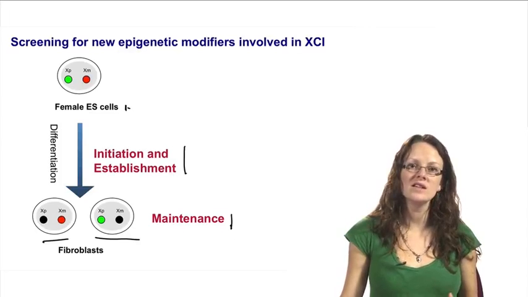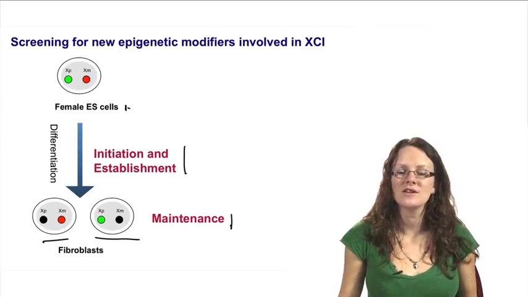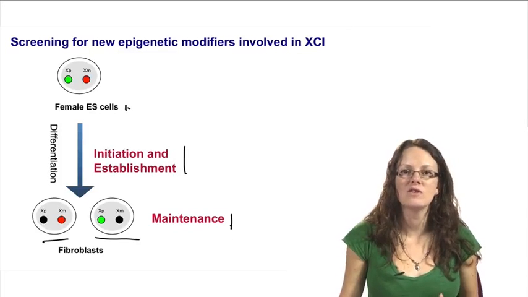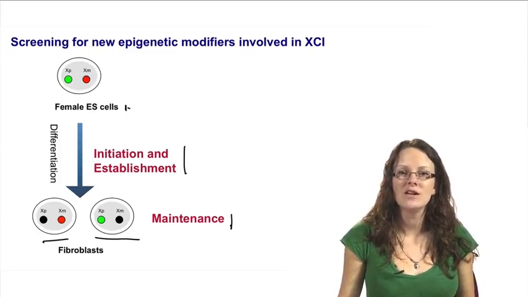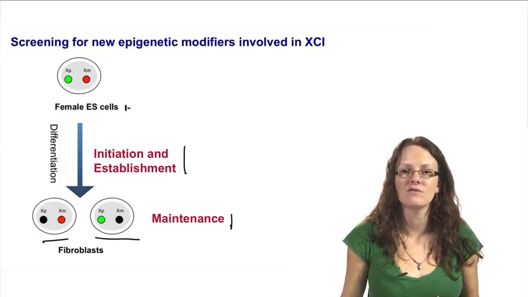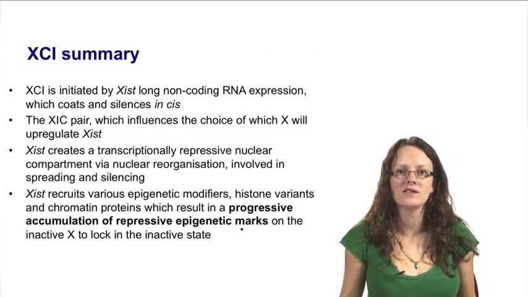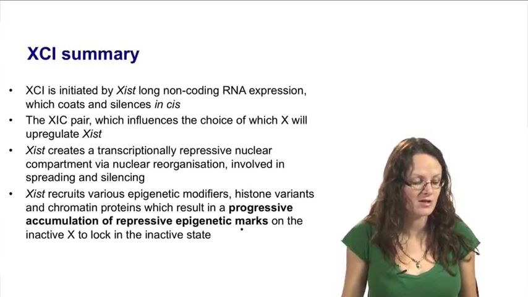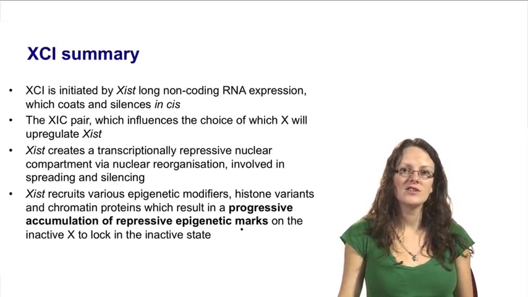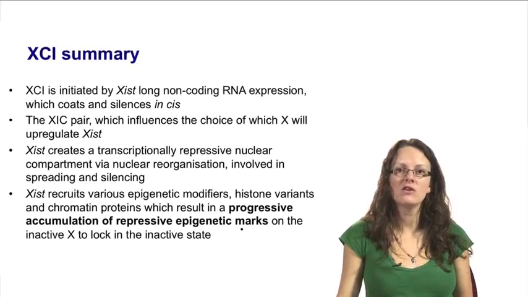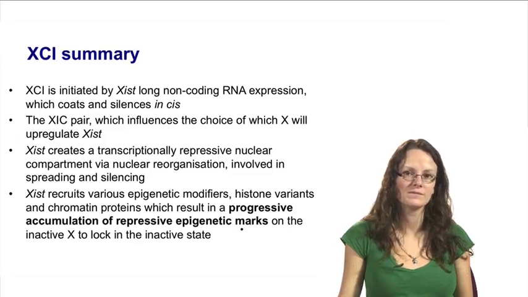The reason we study this is for the same reason I wanted to tell you all about X inactivation, and that's because everything that we seem to learn about X inactivation is in fact true for epigenetic control throughout the genome. So in summary of what I've told you about X inactivation over the past several lectures, we know that X inactivation is initiated by EXIST, this long non-coding RNA that is absolutely critical for X inactivation to occur.